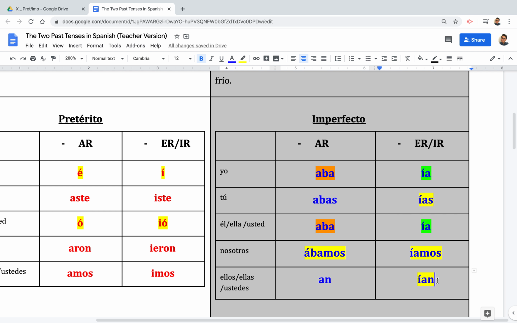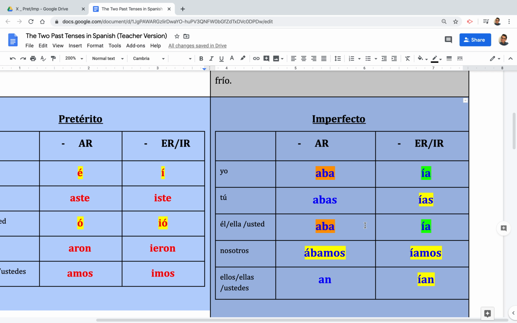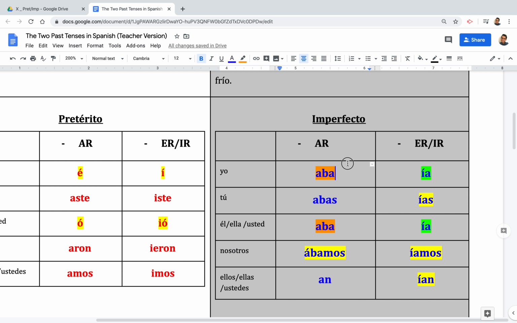I want you to please make a note that all the highlighted verb endings for the imperfecto have an accent mark. So it's very important that you include those and you don't forget those. I also want you to notice that for AR verbs, yo and él, ella, usted share the same ending.